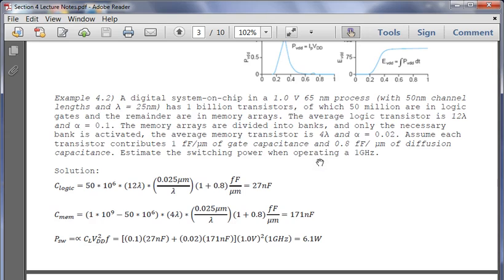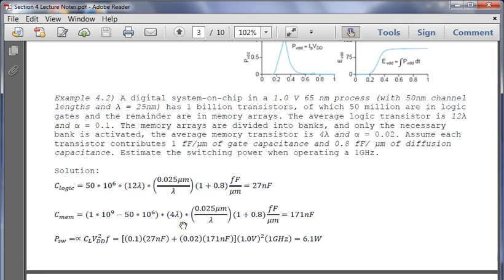So we're going to start out with our logic capacitance. The logic is going to be 50 million, so that's 50 times 10 to the 6, times 12 lambda. 12 lambda came from the average logic transistor being 12 lambda. And then we multiply that by 0.25 micron per lambda, which is what we have here. So our lambdas cancel out, and we have our actual area.